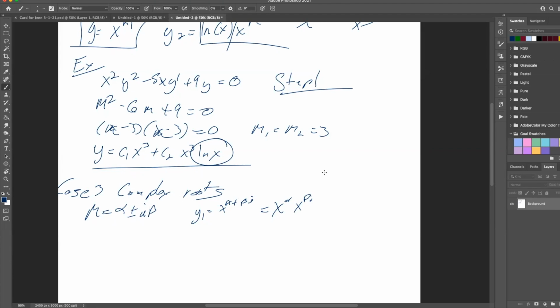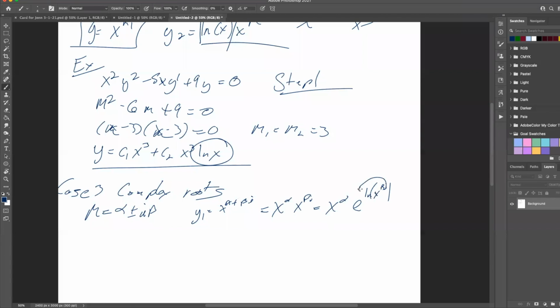All right, so I'm going to show you something kind of weird. I don't know if you've ever seen this trick before. Here, I'm going to exponentiate this and take the log of it at the same time. So here I have e to the ln of x raised to the beta i power.